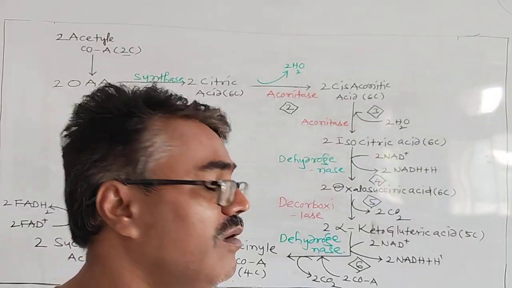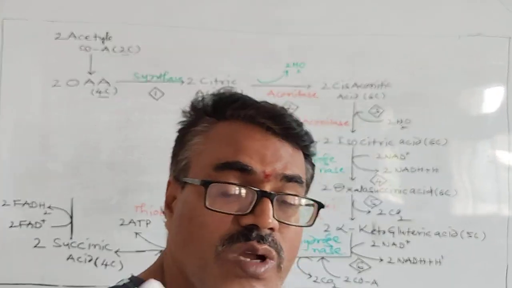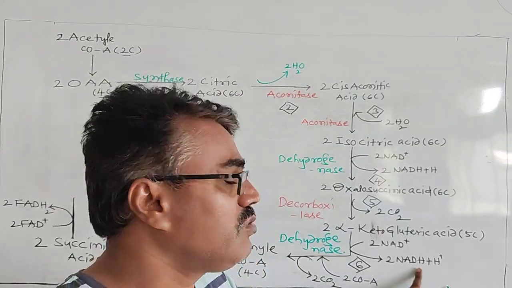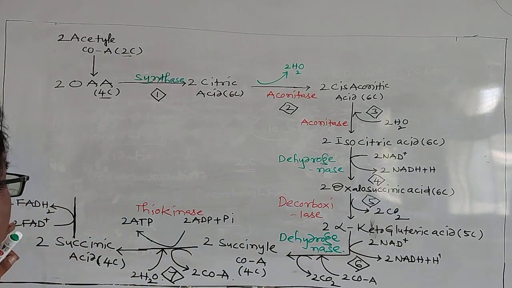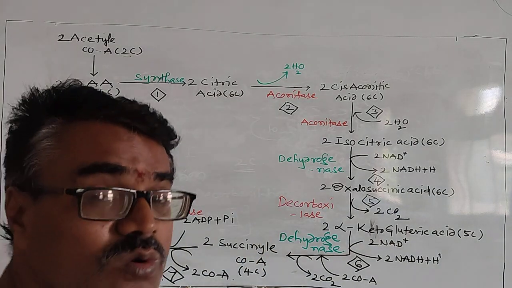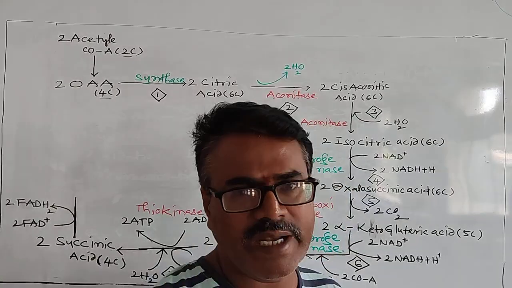The 1 mole of NADH2 is equal to 3 ATPs, and the 1 mole of FADH2 is equal to 2 ATPs.